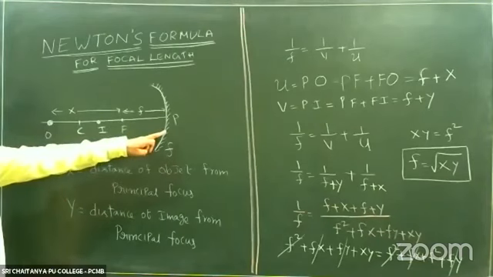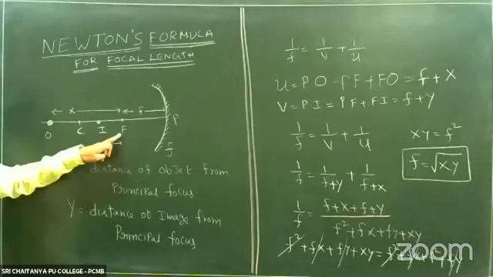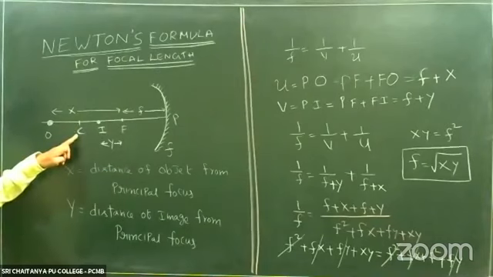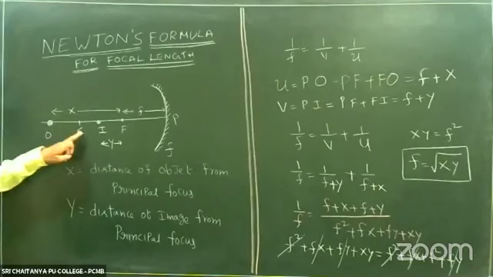P is the pole of the mirror. F is the principal focus. C is the center of curvature. O, the point object, is kept beyond the center of curvature.